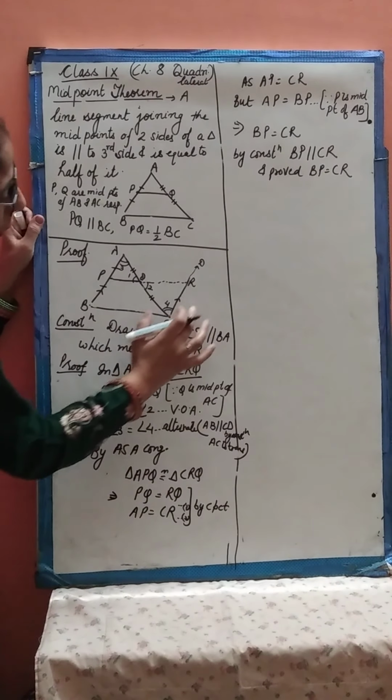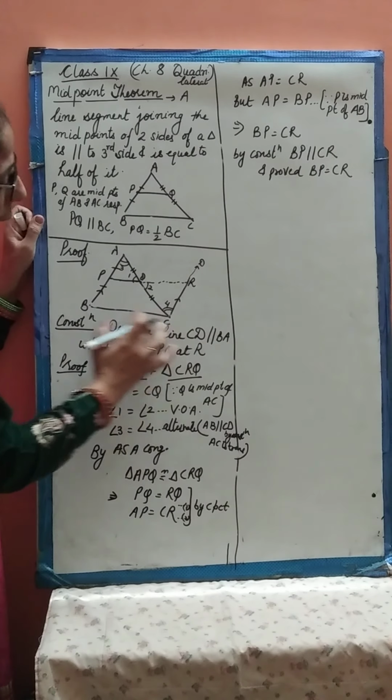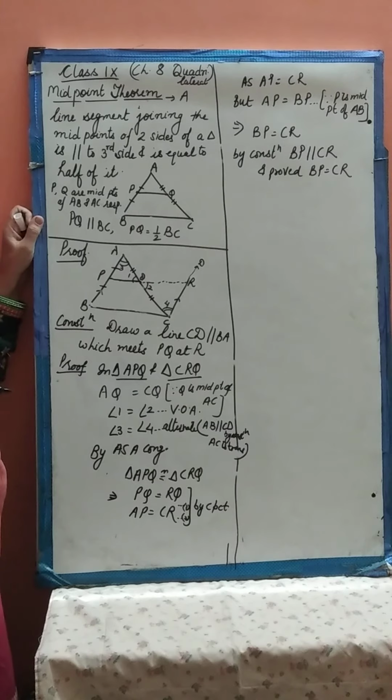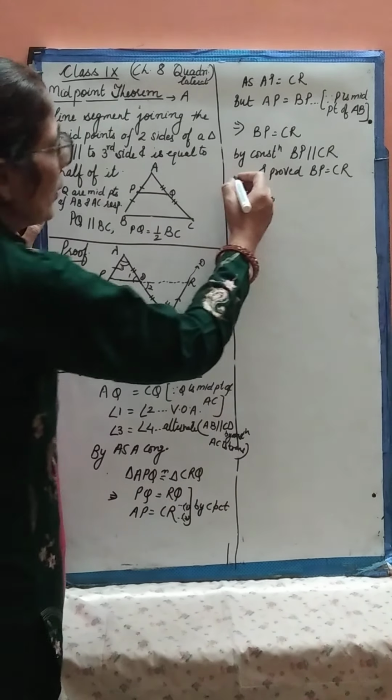Now, in this quadrilateral BPRC, one pair of opposite sides is parallel as well as equal. So it's a parallelogram, right?